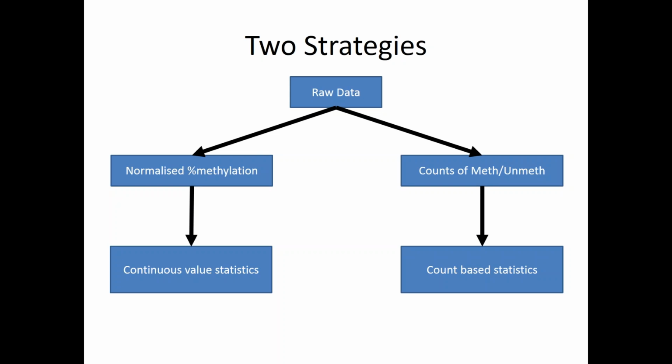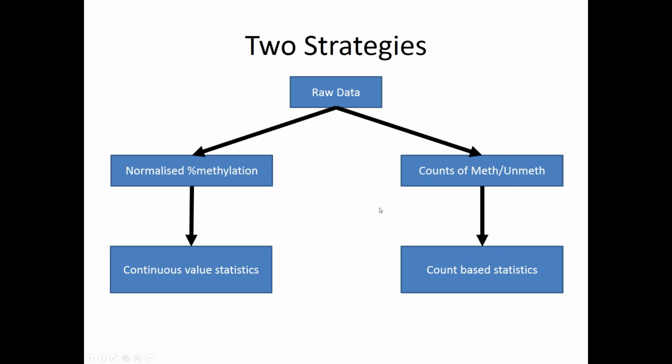For a region that you're comparing, you count how many methylated and unmethylated observations you have, compare those ratios between the different conditions you want to analyze, and use binomial-based statistics to treat that. The problem is that if your values are not completely directly comparable, it's very difficult to introduce any kind of correction to account for global differences that might be there.